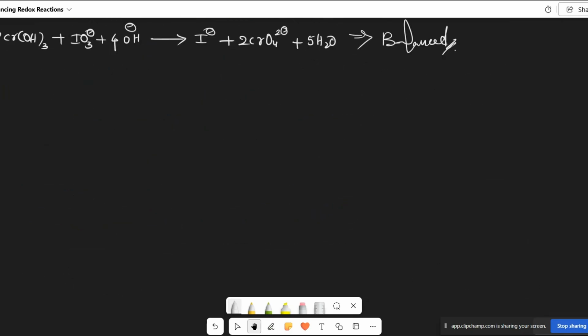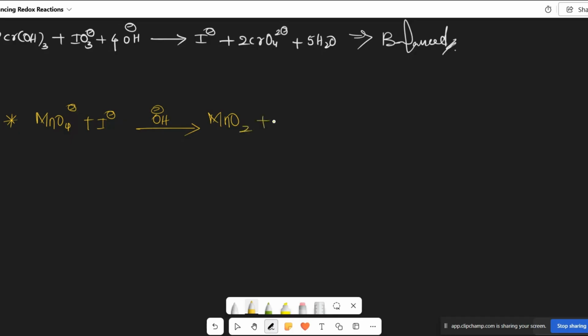And I'll be giving one more. You just try to solve this one more in a basic medium. Try this question out and then let me know in the comment section. MnO4 negative plus I negative. In the presence of OH negative means you need to balance it in the basic medium.